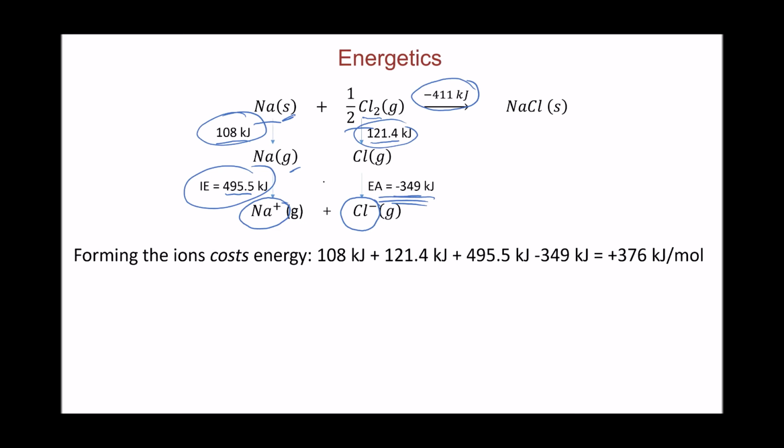And it's actually going to be positive, which means that change, in order to happen, needs energy. It doesn't produce energy, so it should not be favorable. It should not happen on its own. It should need you to put energy in so that the reaction takes place.